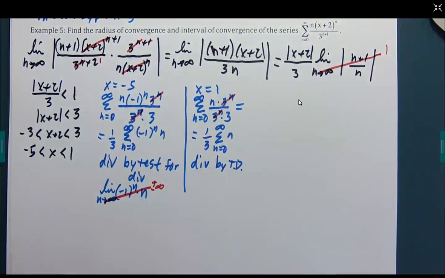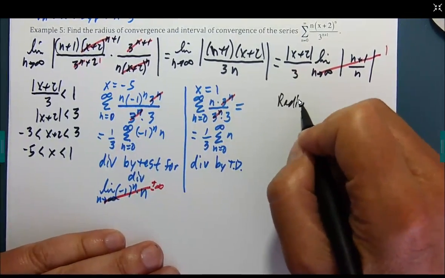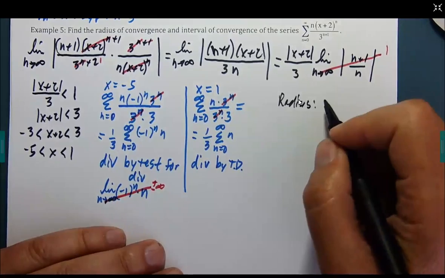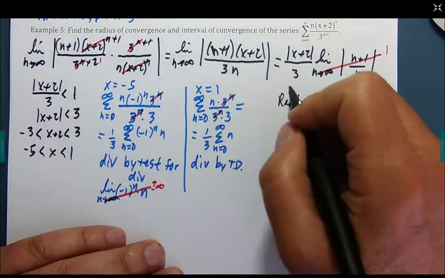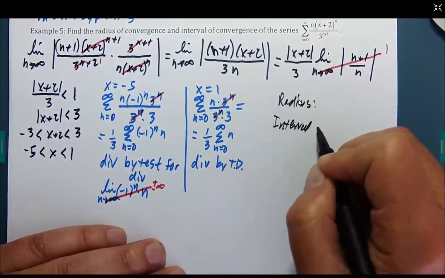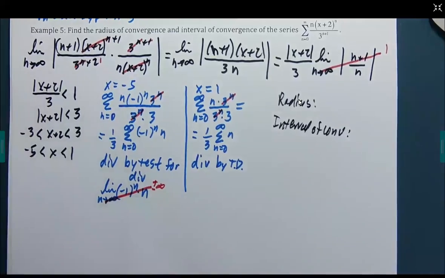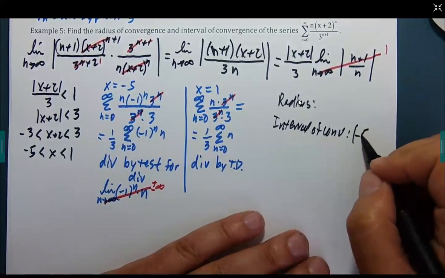So what is our conclusion? The radius of convergence. Oh, no, we'll get to that. The interval of convergence is -5 to 1.